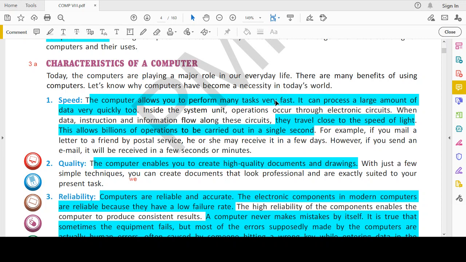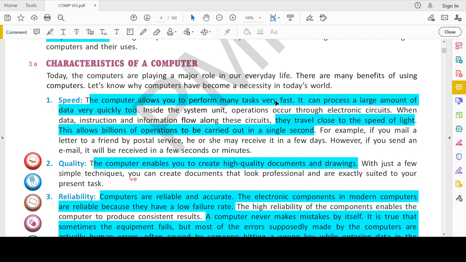But the computer will never get tired and it will carry out such additions, a number of such additions within seconds. So that is about the speed of the computer. I can calculate the average of 10 or 20 or maybe 100 as far as my requirement.